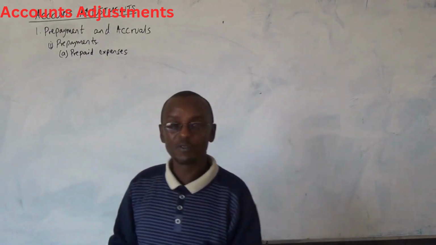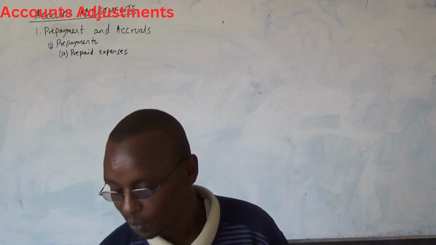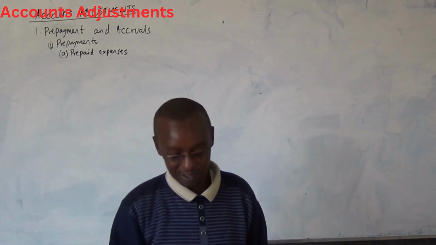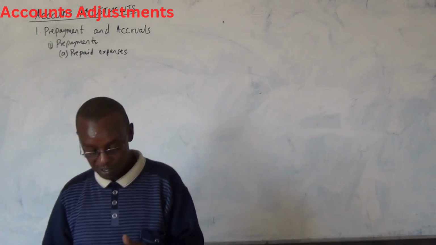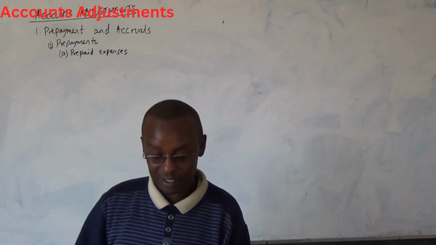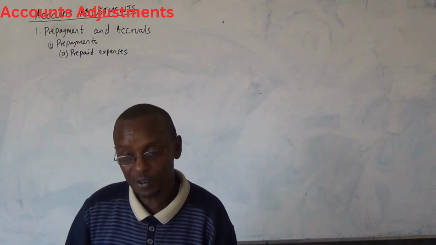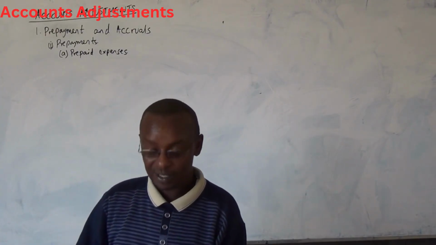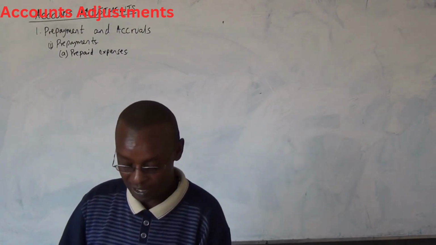So it is normal for a business, in the normal course of trading, that some of the expenses the business will have paid in advance. That is, the expenses have been paid for, but they have not yet been incurred.